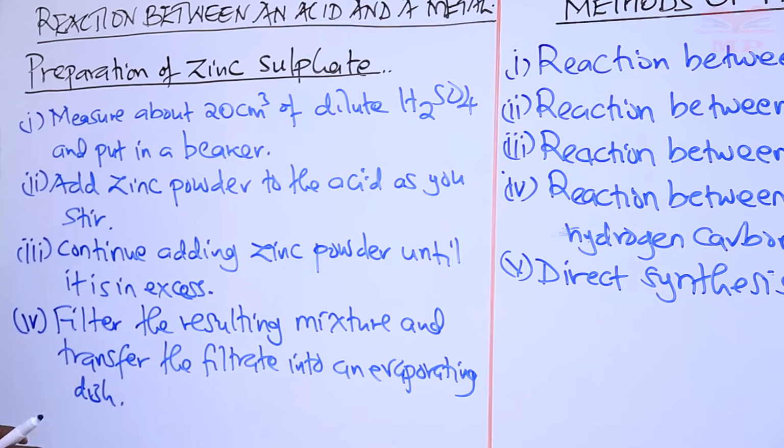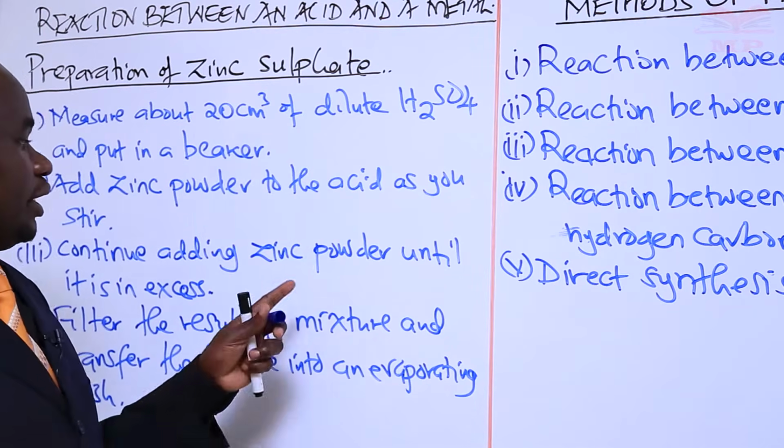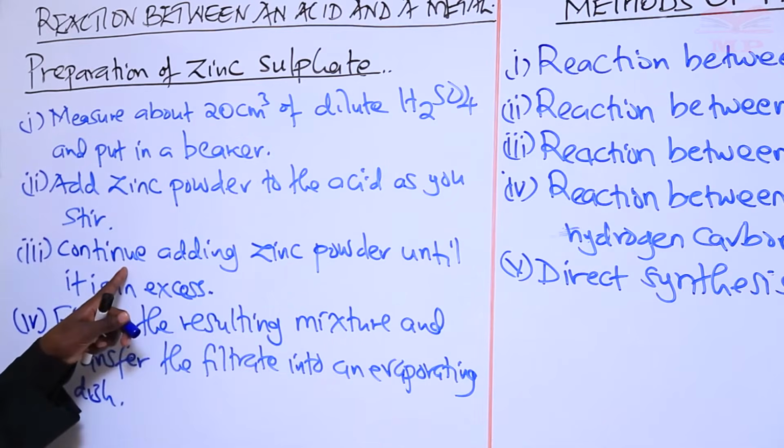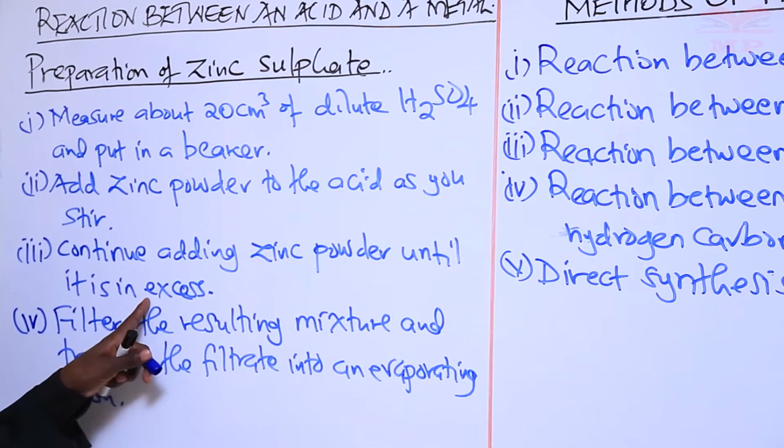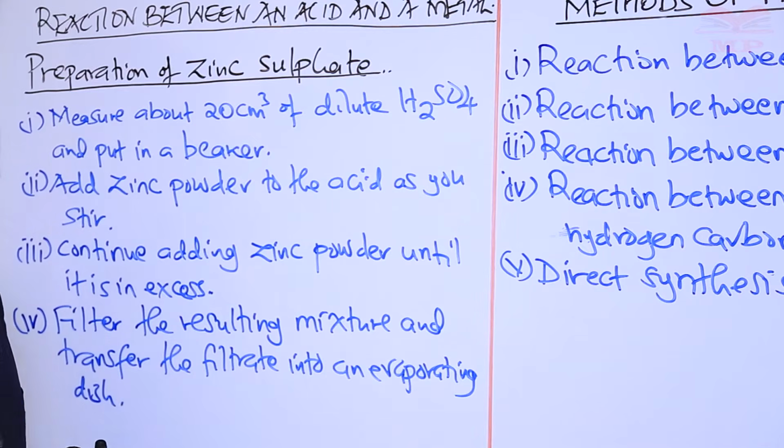So we are carrying out filtration. Remember, in the third point we said we are using excess zinc, so some of the zinc will remain unreacted. So how do you remove the unreacted zinc? By simply carrying out filtration. So we filter to remove excess zinc.